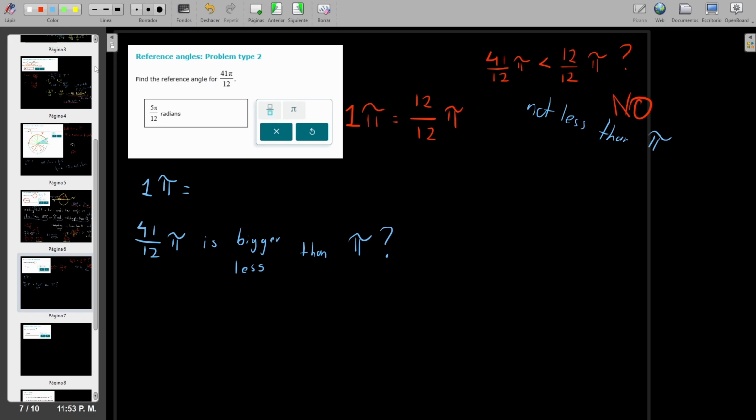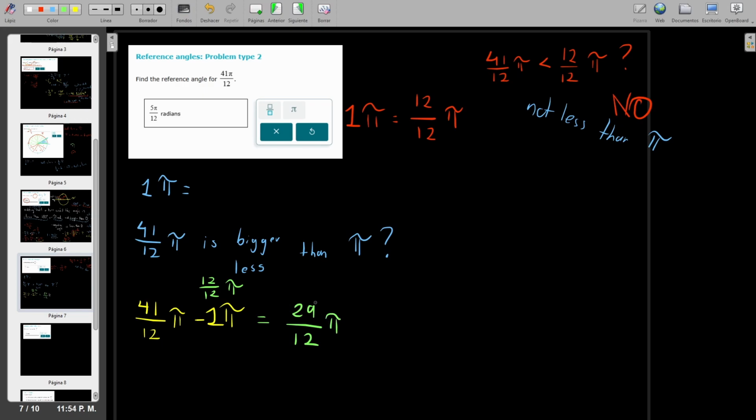So this is going to be really easy. We need to subtract this half a turn each time. So we need to subtract a pi. Remember, 1 pi is equivalent in terms of 12 to 12 over 12 pi. So 12 stays the same, but 41 minus 12 is 29. 29 pi.